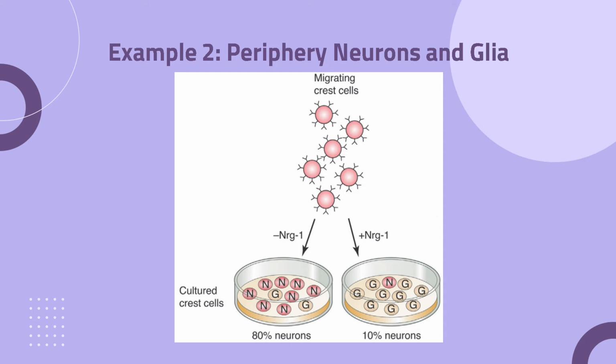In culture, the removal of neuregulin-1 results in 80% neurons and 20% glia, while the addition of neuregulin-1 results in 10% neurons and 90% glia. This is an interesting result, as the loss of neuregulin-1 doesn't cause a complete knockout of glial fates.